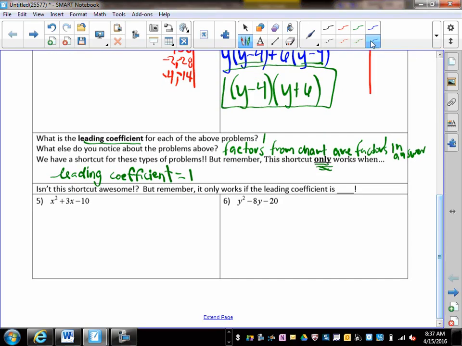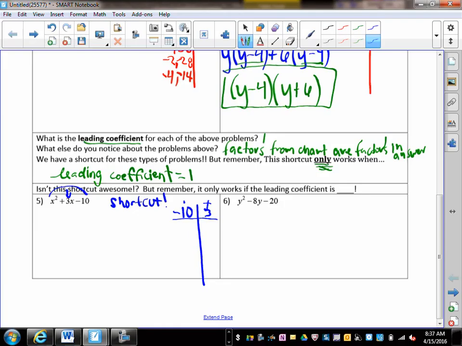Alright, so now that we know this shortcut, let's try it out. Is my leading coefficient 1? Yes, so we can use our shortcut. If your leading coefficient is 1, go ahead and write shortcut to let you know you can do it. Okay, so now let's create our chart. What multiplies to -10 and adds to 3?